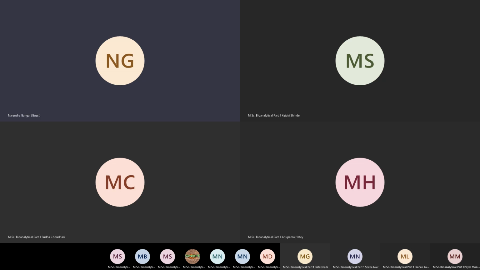So some molecules are very stubborn. Although I am bombarding with a very high amount of energy, they may not get fragmented too much, and they may show me the original species, basically the molecular ion. I may be able to see the fragments also.